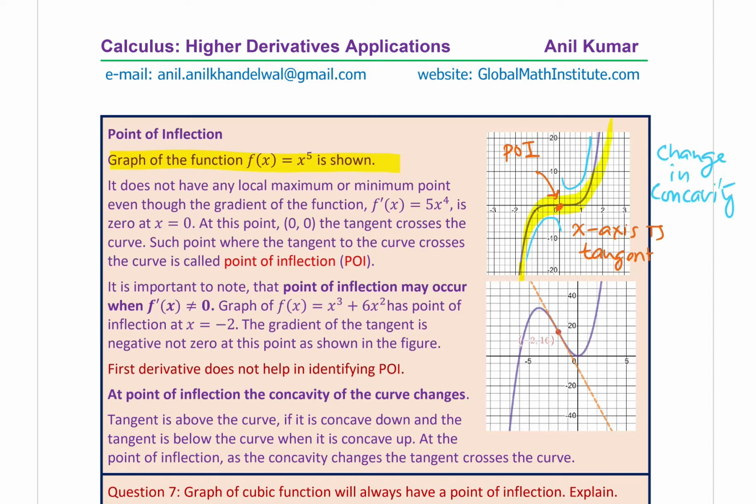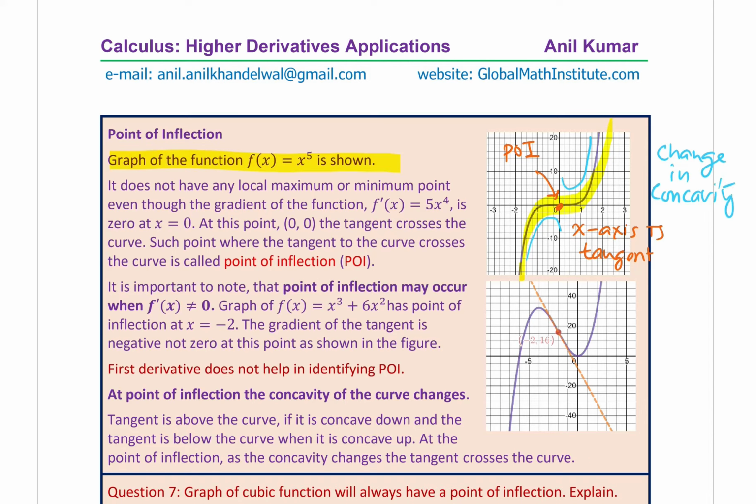Now, here is another example where we have taken a graph. We'll consider the graph of the function x cubed plus 6x squared, right? Now this is the graph and that is the point where the concavity is changing, since if I draw a tangent, it crosses the curve, right?